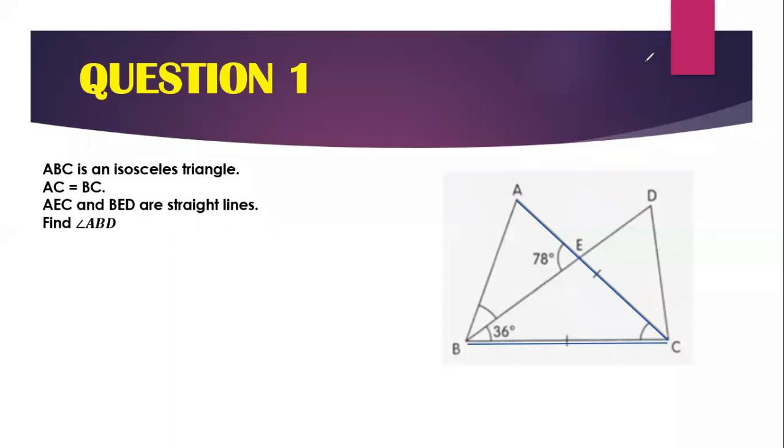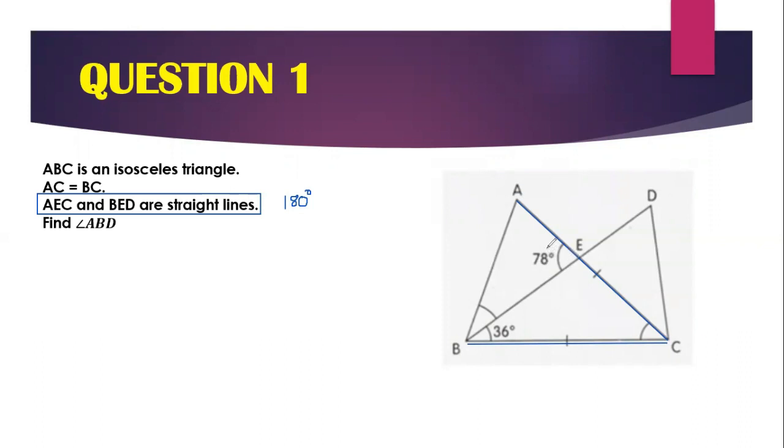The information we got is AEC and BED are straight lines. So what's the meaning of straight line? Straight line means the total number of angles is 180 degrees. That's the concept of AEC and BED being straight lines.